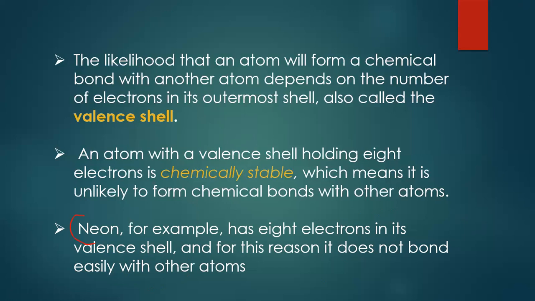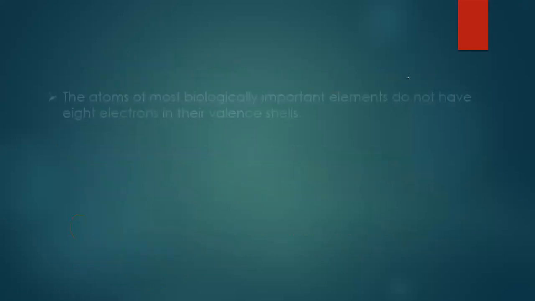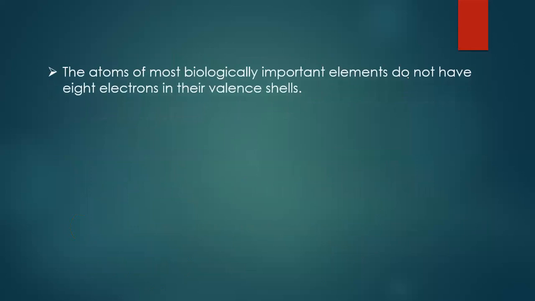Okay, so let's quickly move on. The atoms of most biologically important elements do not have 8 electrons in their valence shells. This is self-explanatory.